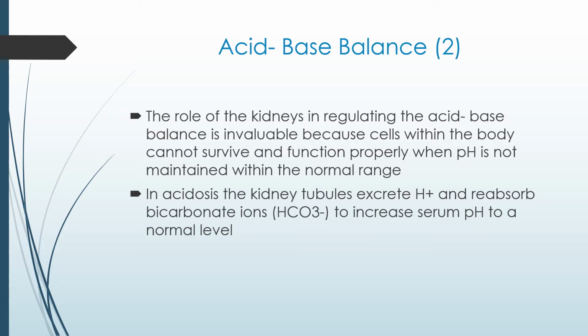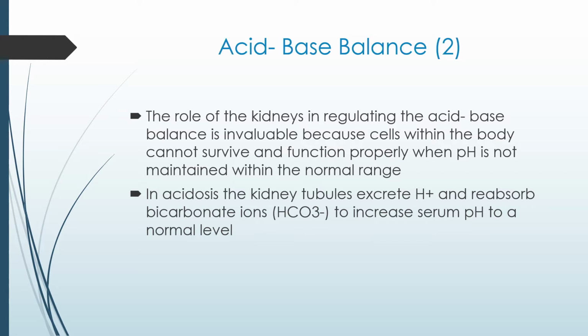So in acidosis, the kidney tubules will excrete the hydrogen and they will reabsorb bicarbonate to increase the serum pH to a normal level. And so this is when the kidneys are trying to compensate for something that is going on in the respiratory system, right? If our client is in respiratory acidosis, then here we go.